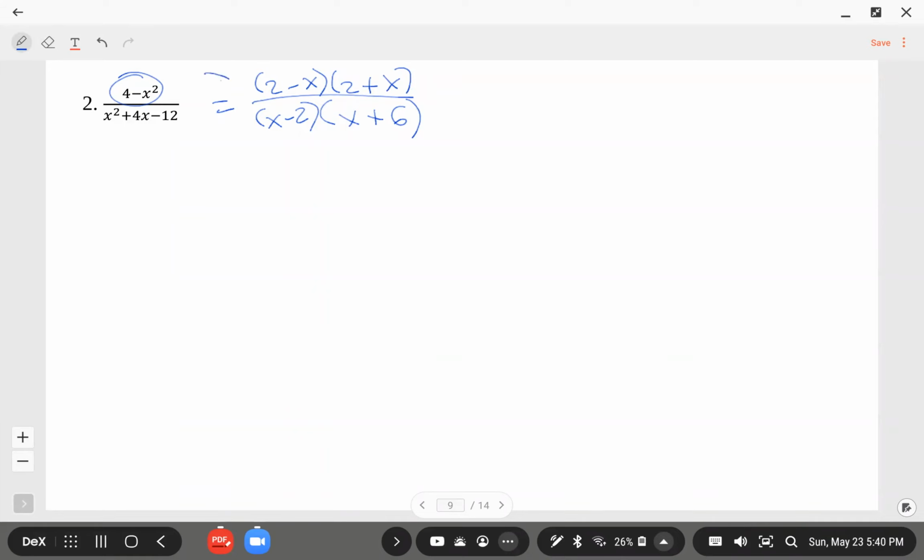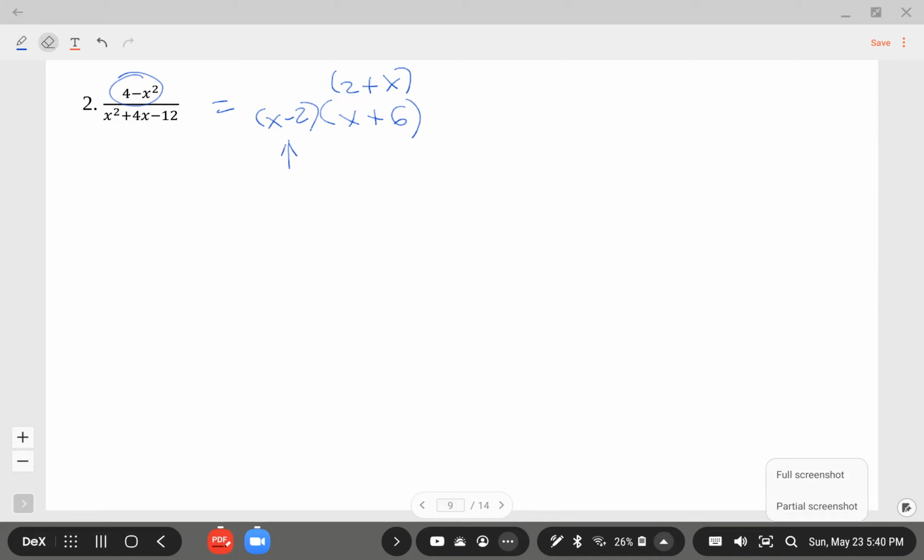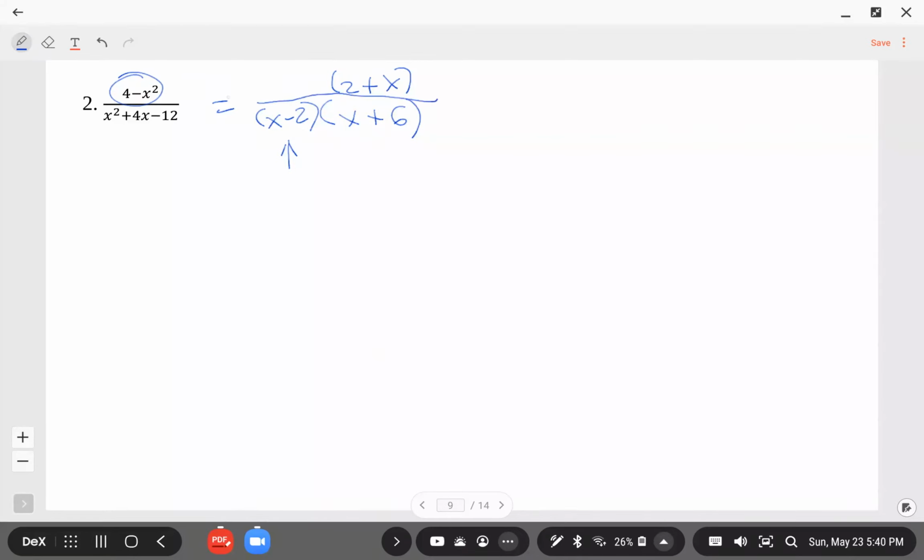This is the exact opposite of this. What can we do to make it opposite? Divide by -1. So then we can simplify: -1 times x minus 2, and then simplify. So this is basically -2 plus x over x plus 6.